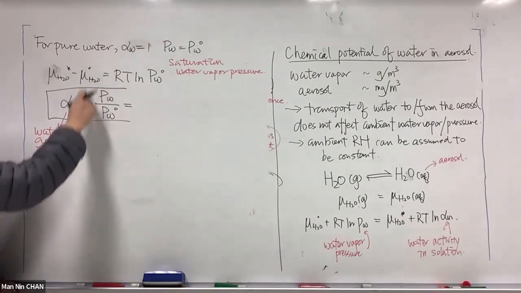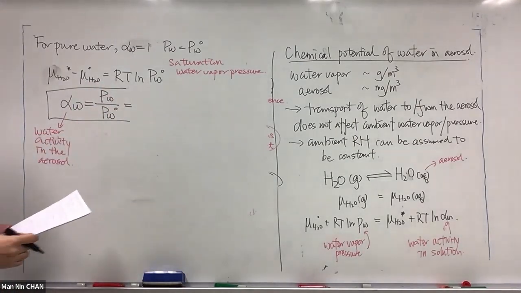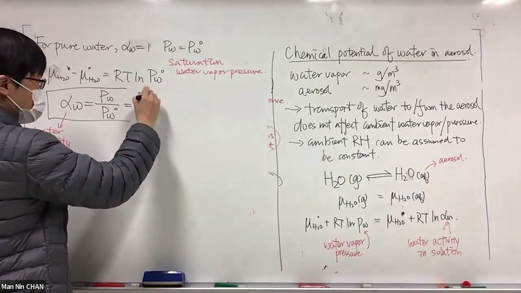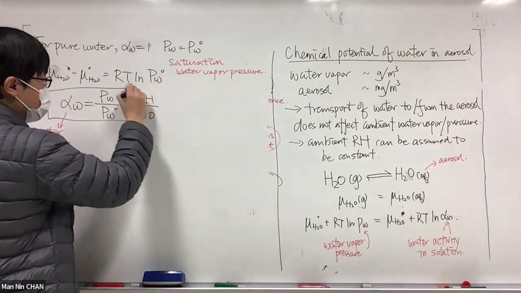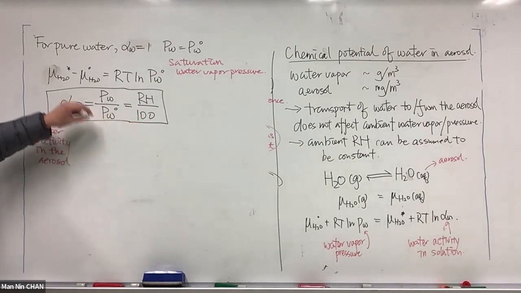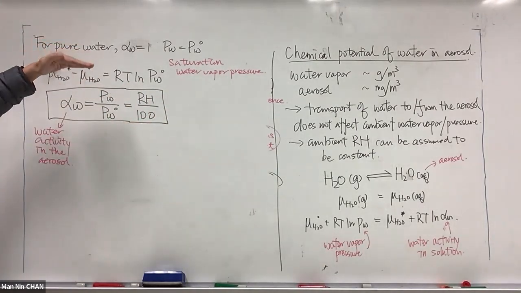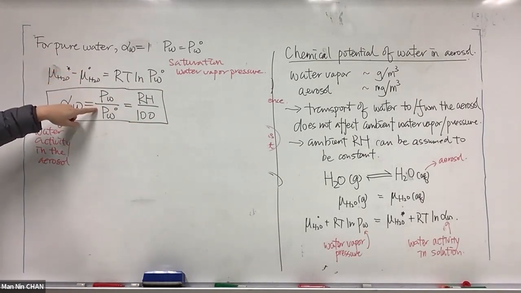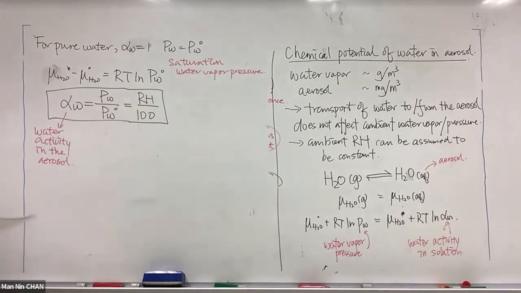So this ratio is just what we call the relative humidity. If you remember, by definition, relative humidity is the amount of the water vapor divided by the saturation water vapor pressure. So this is just the relative humidity.